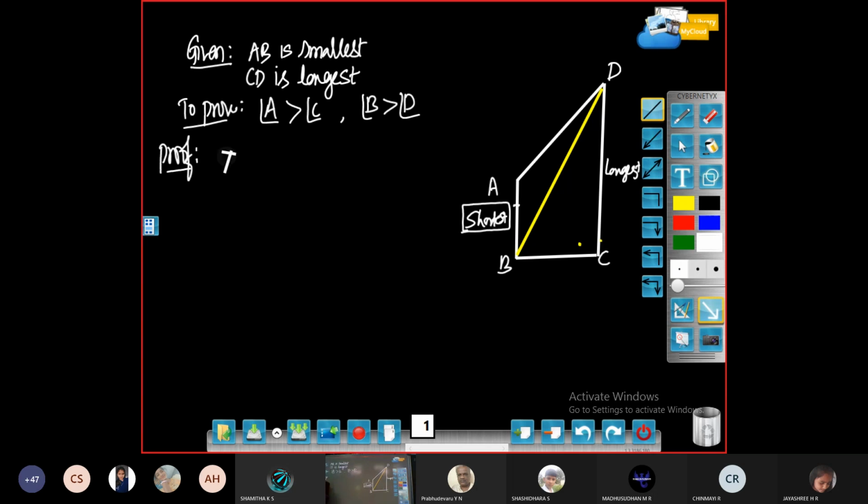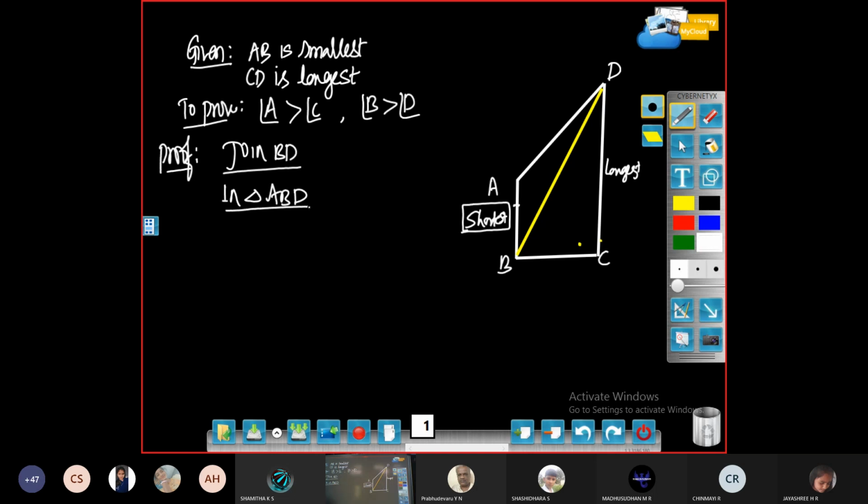Join BD. Now compare the triangles. In triangle ABD, which is the shortest side here? AB is shortest. Then AD must be longest compared to AB.